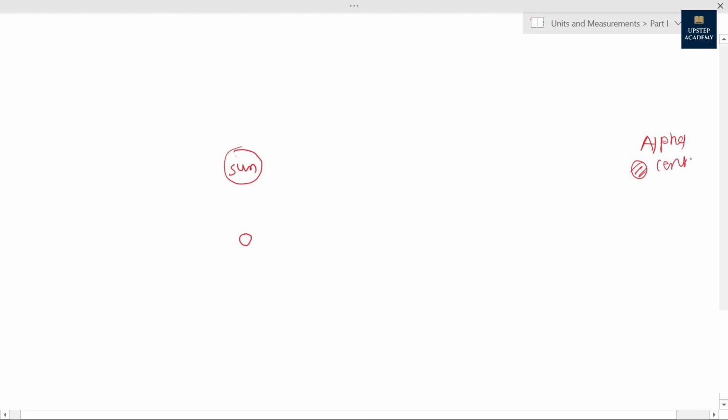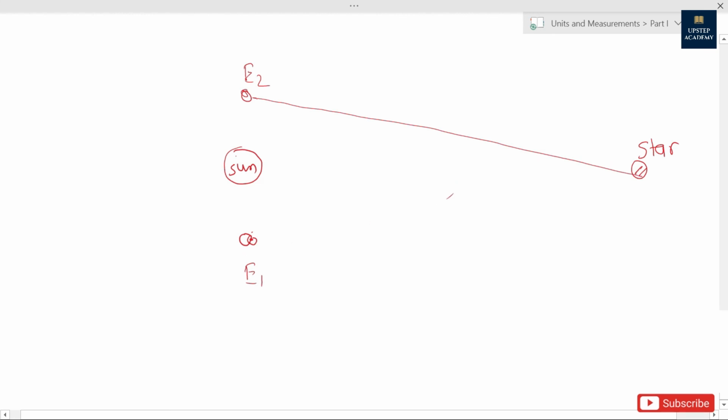This distance we have to measure. We can take one point on Earth over here, and when Earth goes to the other side of the Sun after 6 months, this is the E2 position and this is the E1 position, and then we can make one angle with the star, and this angle is theta.